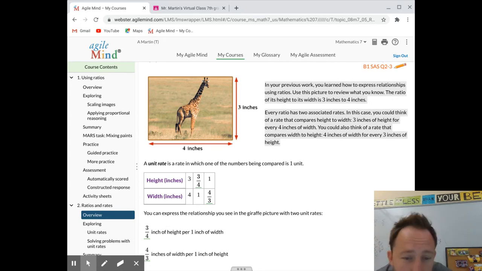We could say 3/4 of an inch in height per 1 inch of width, or we could say 4/3 inches of width per 1 inch of height. So either way, those are both what? Unit rates. Good job. They're unit rates.